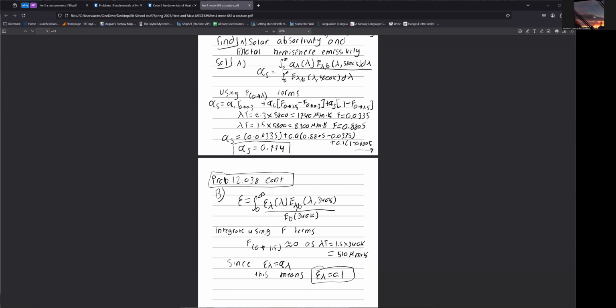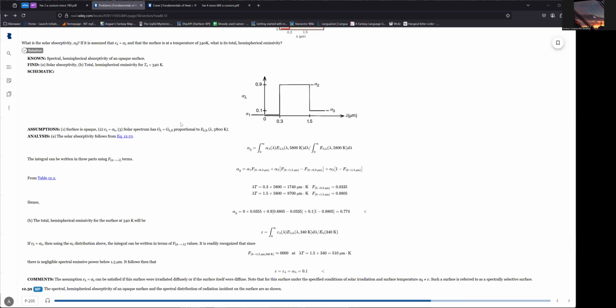So instead of again using the integration by hand, we're using the F terms. This time, however, because it's for the body, we're not using 5800, we're using 340 Kelvin. And from 0 to 1.5 is 1.5 times 340, which is 510.